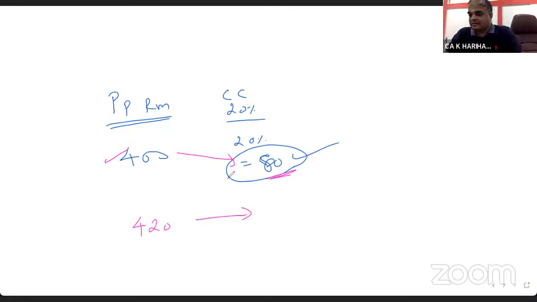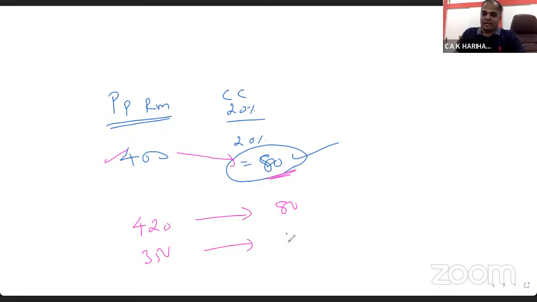Maintenance expenses. What could be the carrying cost now? Kindly participate in the chat box. What is the answer? 80. Suppose the next day it becomes 350 rupees, like onion prices or tomato prices increasing or decreasing.